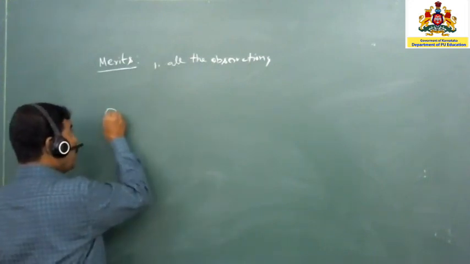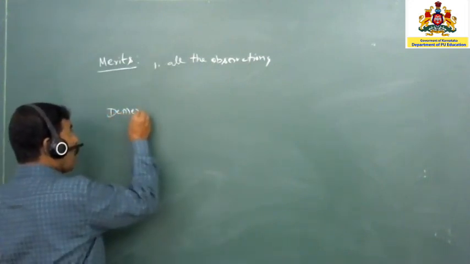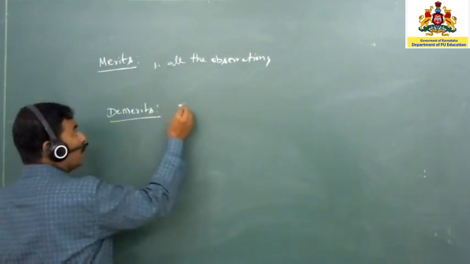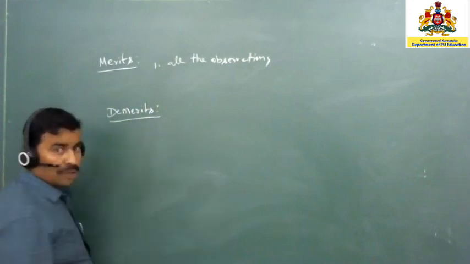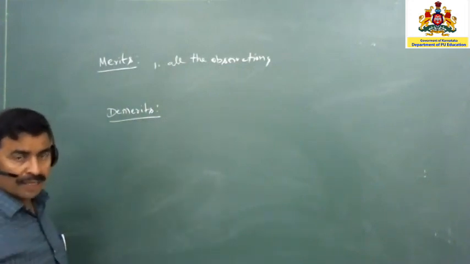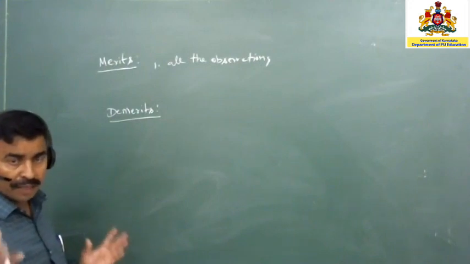Then the demerits. The main demerit is that it ignores the signs of the deviations. If you get a difference as negative, we are considering it as positive.